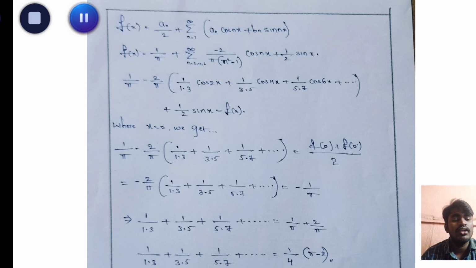By substituting all the values of a naught, an and bn, we get 1 by pi minus 2 by pi into 1 by 1.3 cos 2x plus 1 by 3.5 cos 4x plus 1 by 5.7 cos 6x and so on, plus 1 by 2 sin x equals f of x. We get x equals 0. Where x equals 0, we get 1 by 3 plus 1 by 1.3 plus 1 by 3.5 plus 1 by 5.7 and so on equals 1 by 4 pi minus 2.